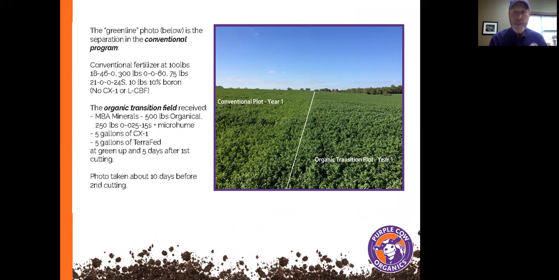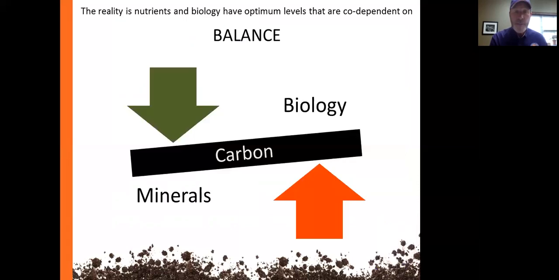And on the other side is an organic transition, and again, that's sound dry fertility from Midwestern BioAg, LCBF, carbon supporting broad spectrum biological, and we're able to get not only those increases in tonnage, but the increases in forage quality, and move those nutrients down the chain, into that livestock, and then ultimately even into the milk or meat that livestock is producing.